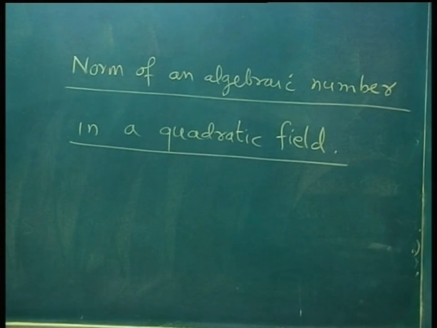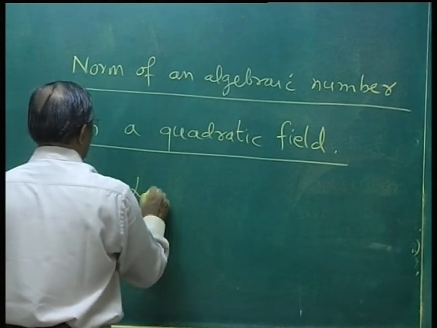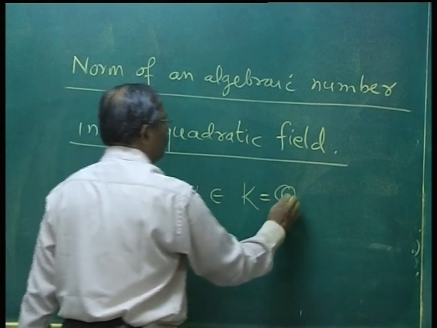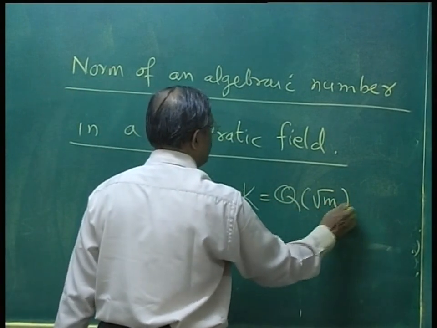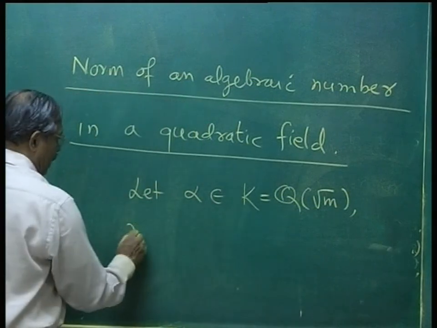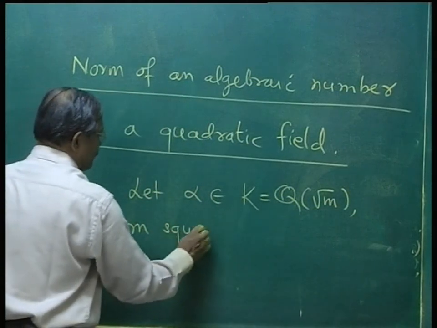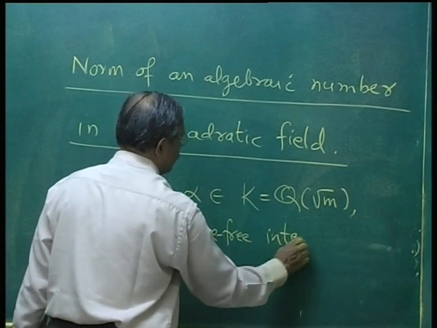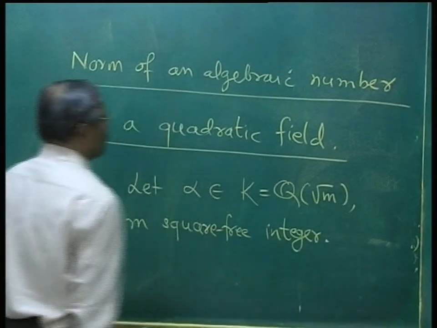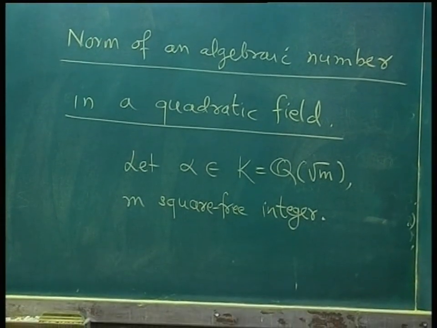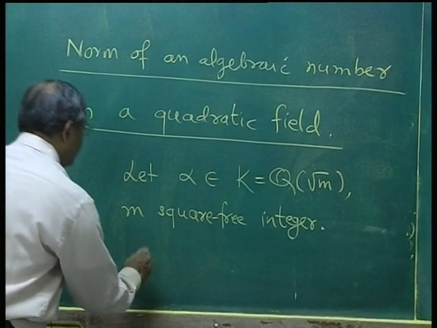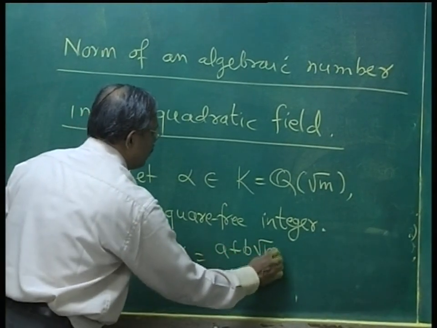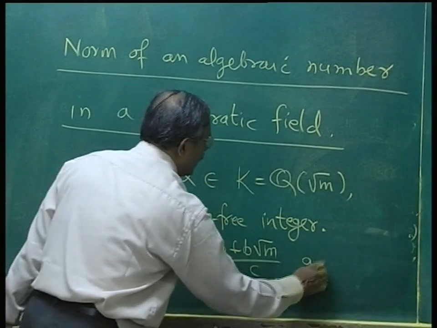So take K equal to Q root m, m a square free integer. Now alpha equal to a plus b root m divided by c, with a, b, c in Z.